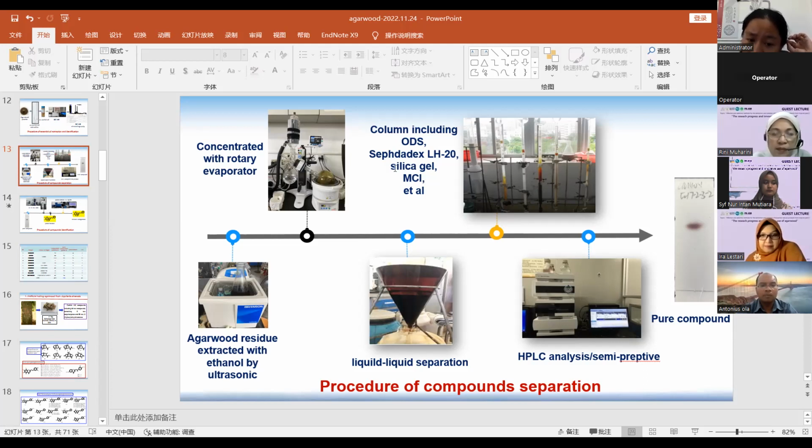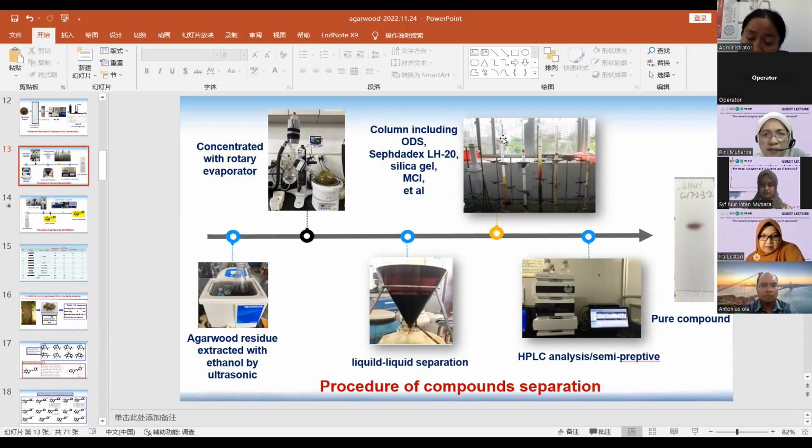But most of the time for agarwood we use silica gel, and then usually Sephadex to separate, for example, if you have some chromones, the dimers and the single chromones.